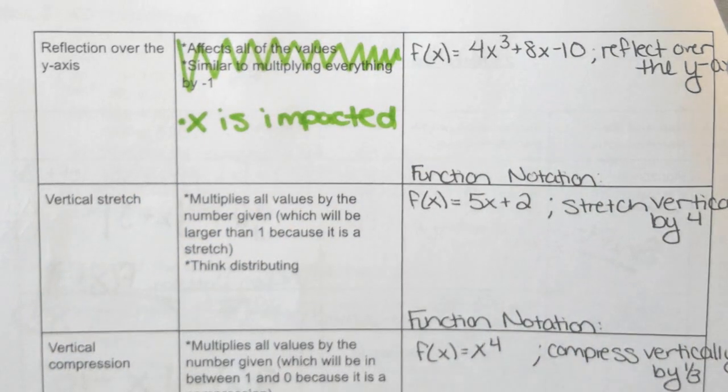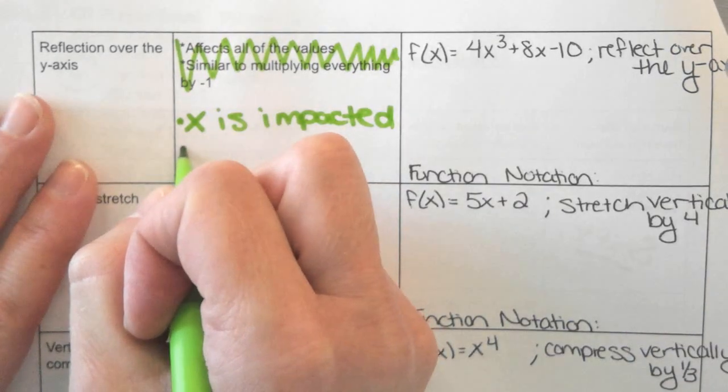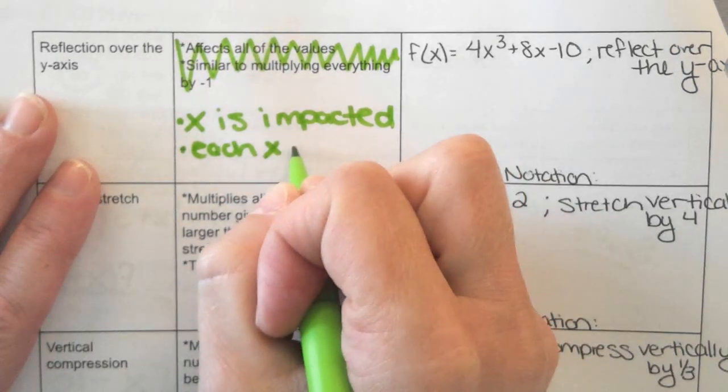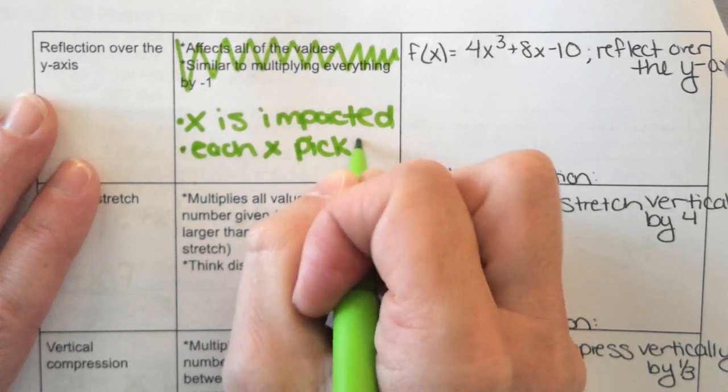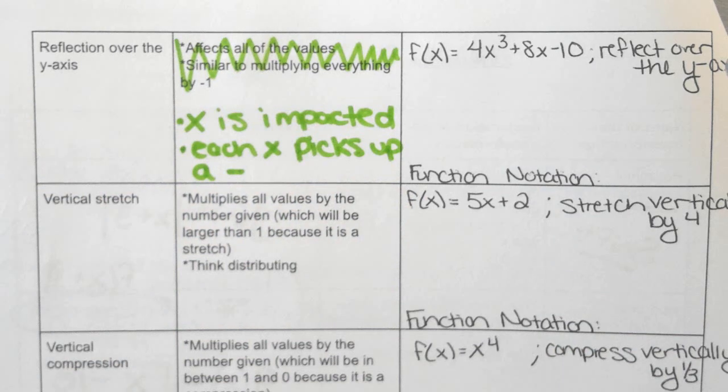Let me see what my verbiage was. Each x, I didn't say each x, but I'm going to say it that way. Each x picks up a negative. So only the x's. And it's going to go right in parentheses, just like it did when we were doing the horizontal shifts left and right.